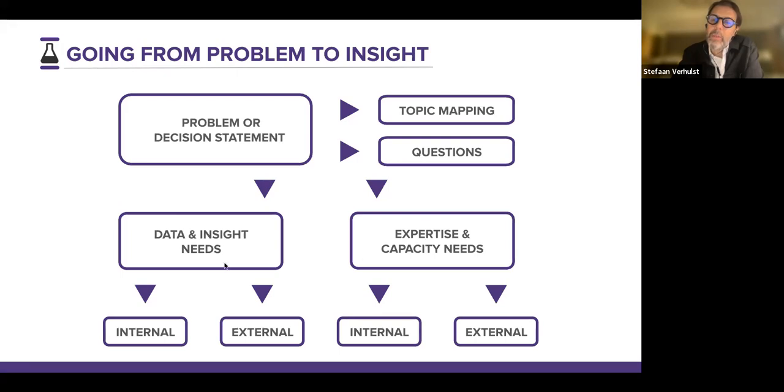And what we will look into is that this data or the expertise can be residing inside the corporation, inside the organization, inside the public sector, or it can be external. And I think it's really important to do this kind of mapping in order to understand what data is needed to answer what question that can then support solving what problem or support the decision statement as well.